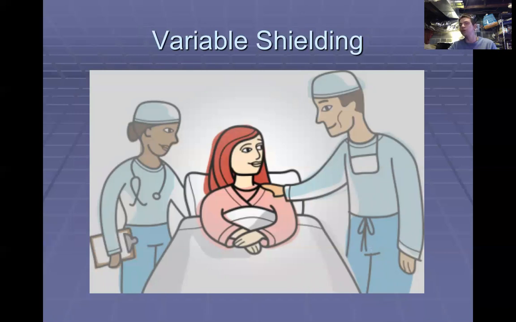One form of shielding that you don't really think about too much, but is actually probably the most common form of shielding, at least in the clinical realm, is a patient's own body. A patient receives some activity of a radiopharmaceutical, and many different isotopes have different energies that are shielded by the body to varying degrees.